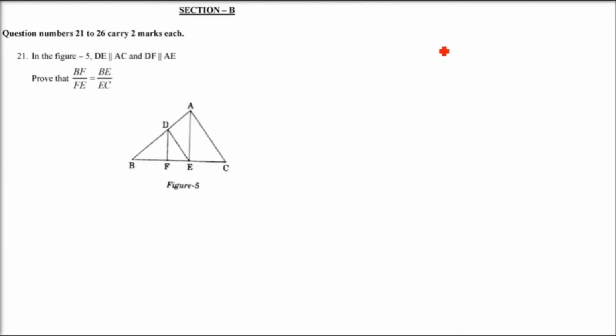Now let me tell you the concept we are going to use here. Wherever we have a triangle and a line passes through two sides parallel to the other side, the sides it cuts are in equal ratio.